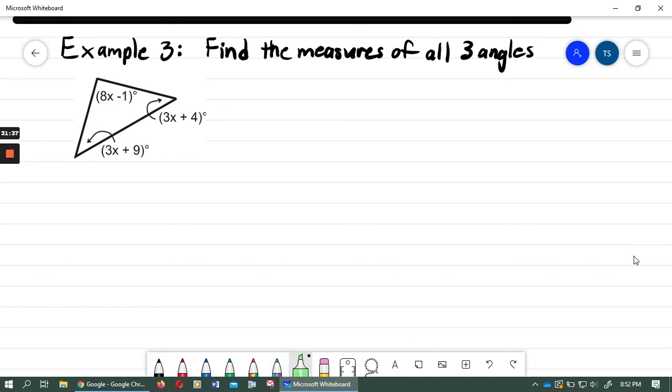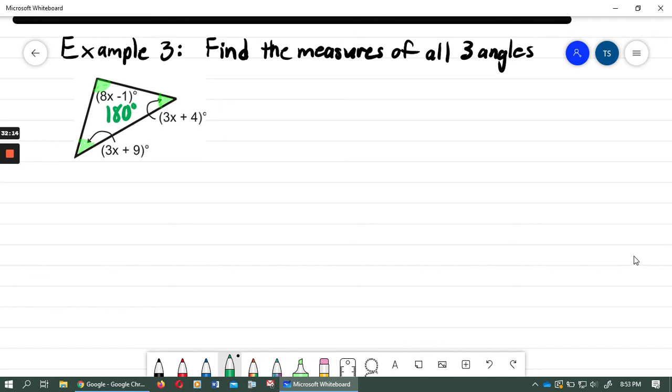Okay, alrighty, so let's go ahead and do this. All right, so again, folks, we got these 3 interior angles. One right here, one right here, and one right here. All 3 of these interior angles, and we know that they're supposed to add to give us a total of 180 degrees.